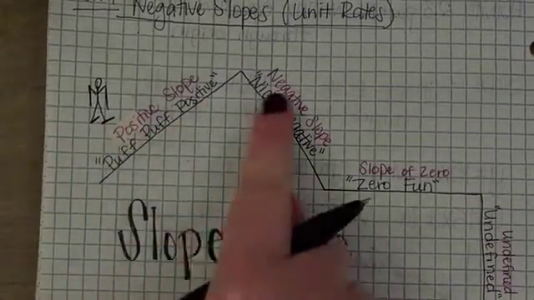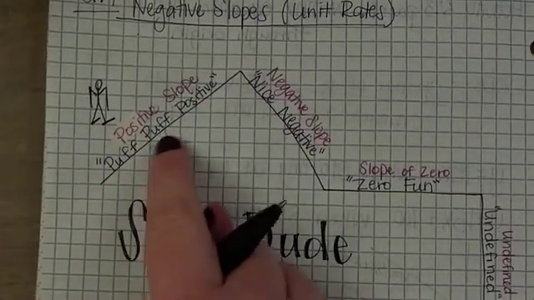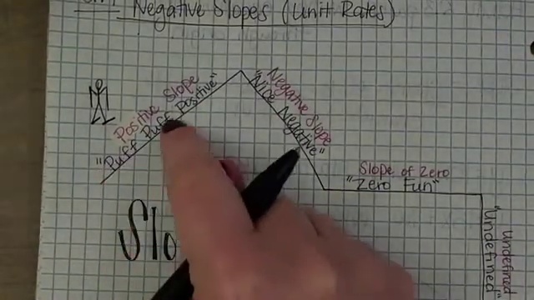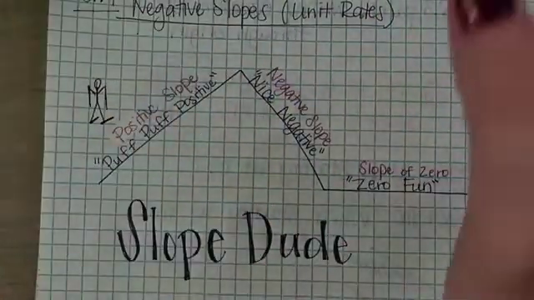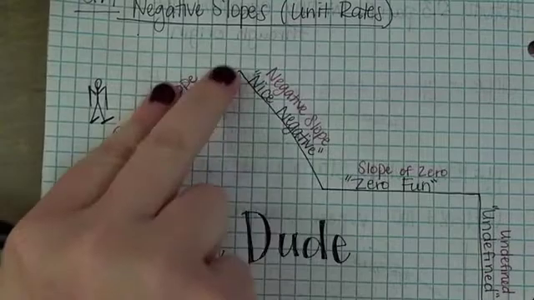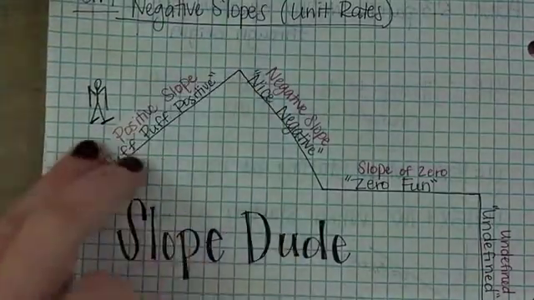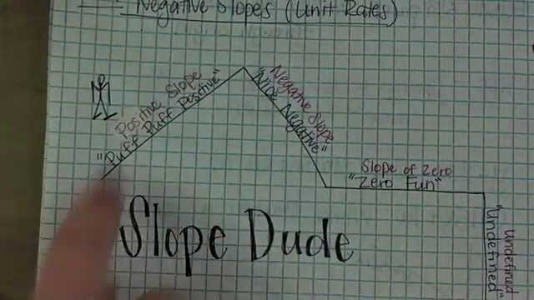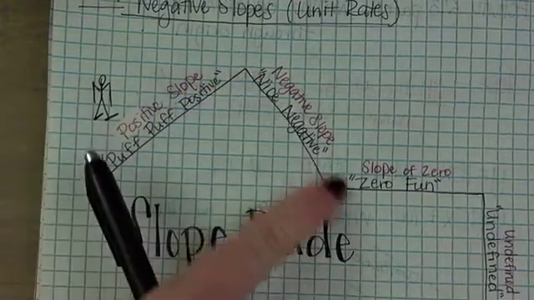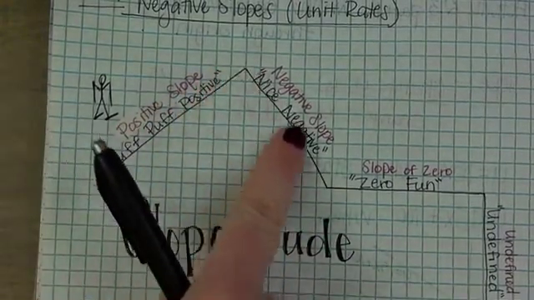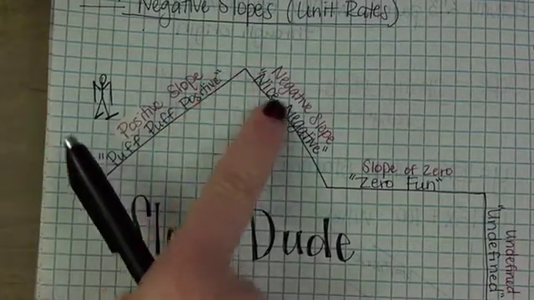So he's going to say puff, puff, positive, like he's huffing and puffing to get up the hill. He's having to move his hands back and forth to get up the hill, and his feet have to go to get up the hill. So think about him climbing up the hill. And then as soon as he gets to the top, he's going to look down the hill and say, nice, negative.